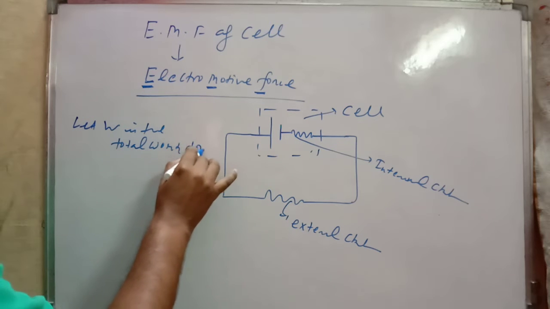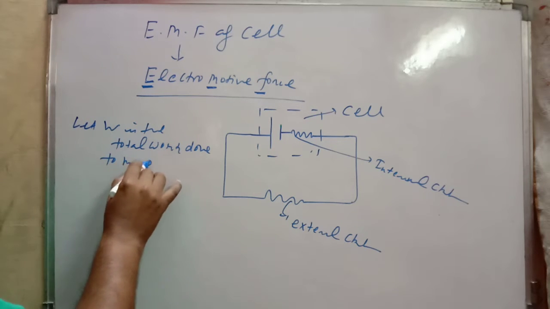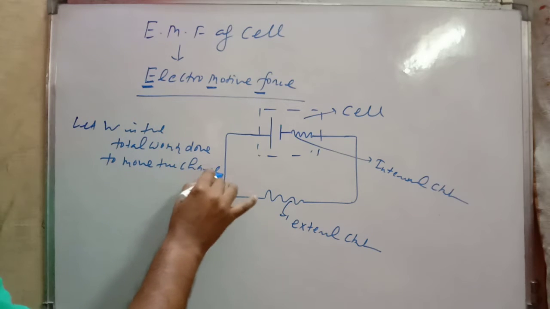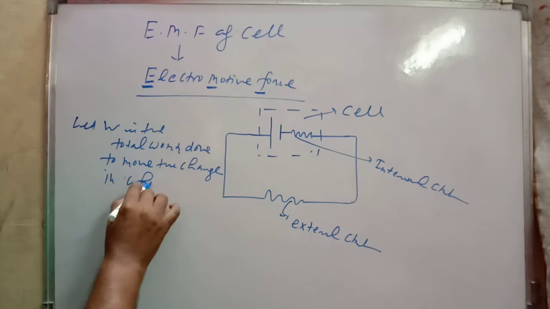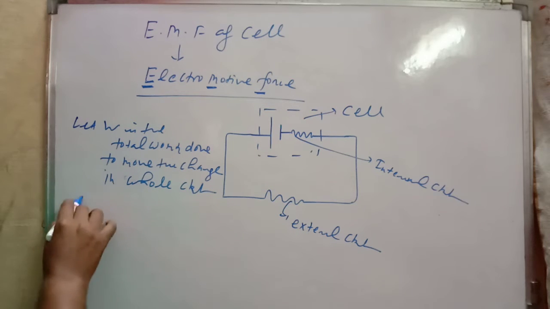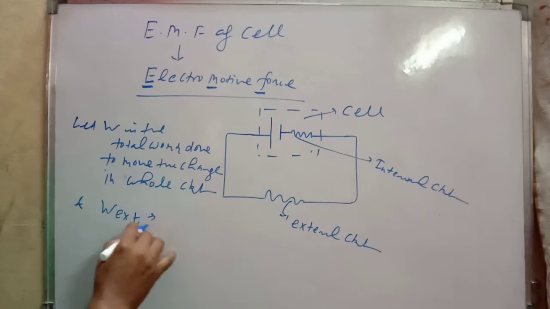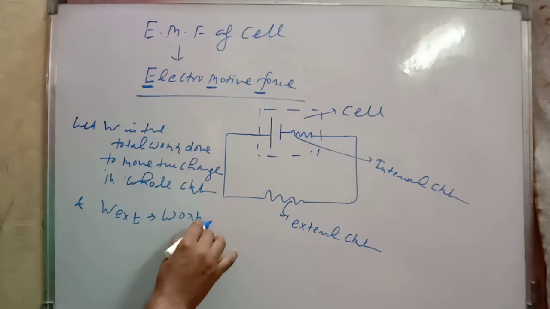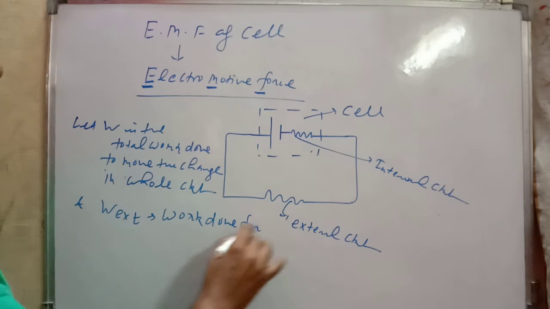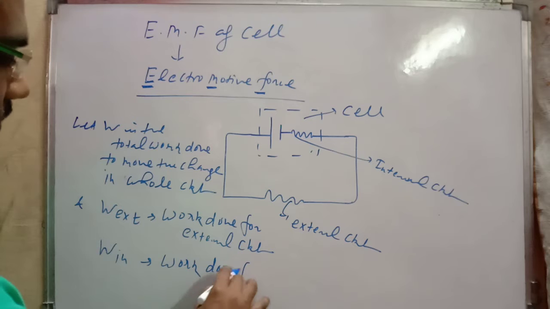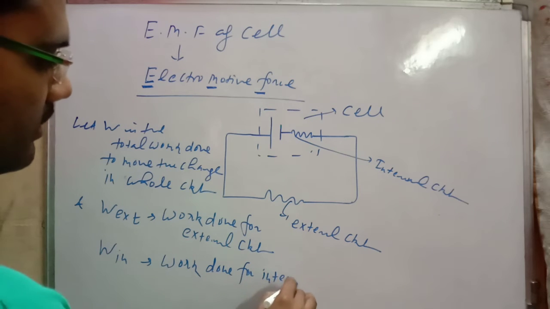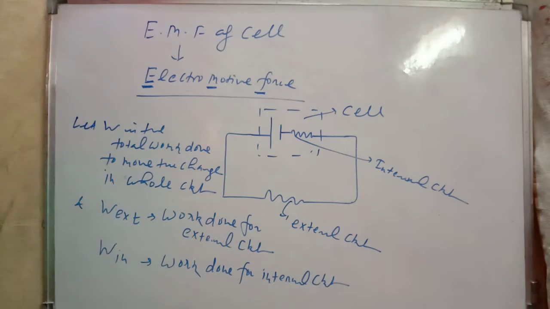Now let W be the total work done to move the charge in the whole circuit, Wext the work done for the external circuit, and Win the work done for the internal circuit.